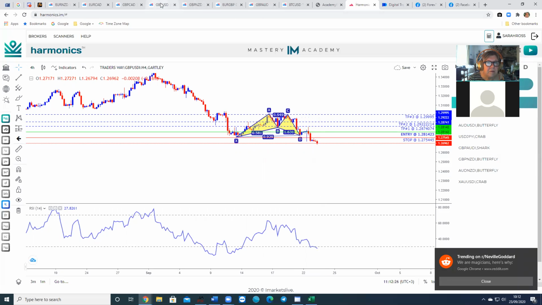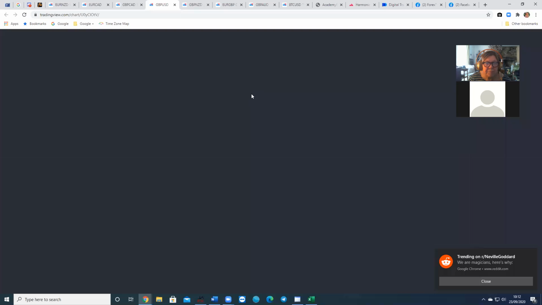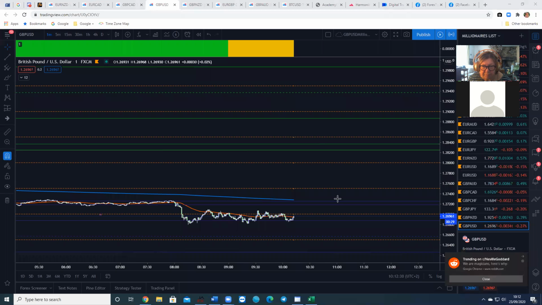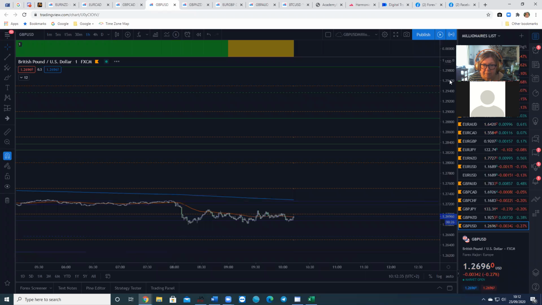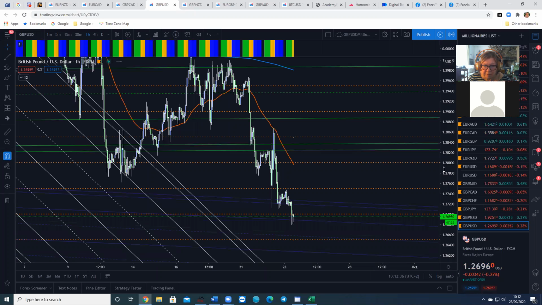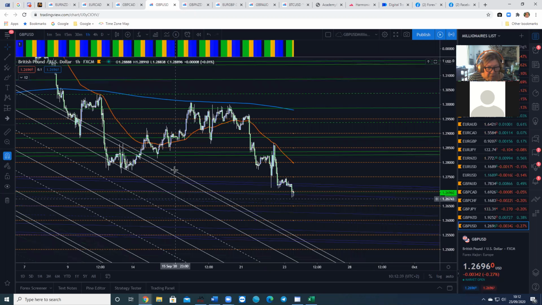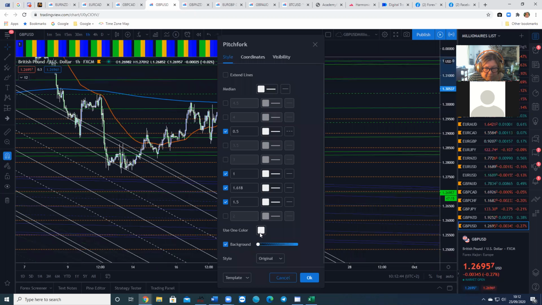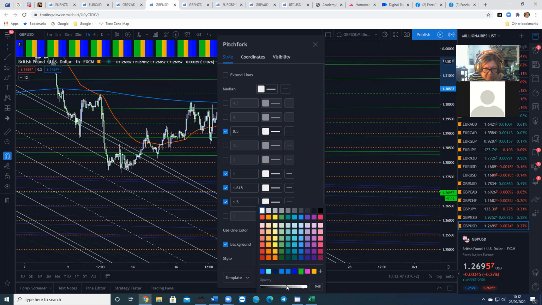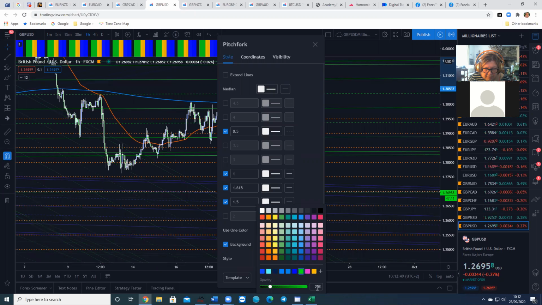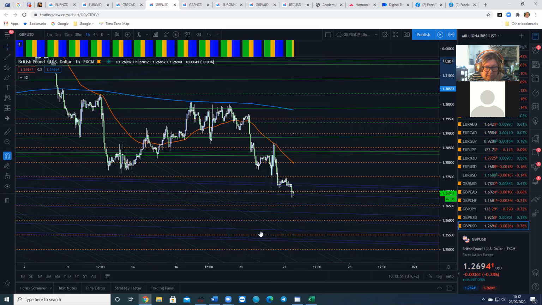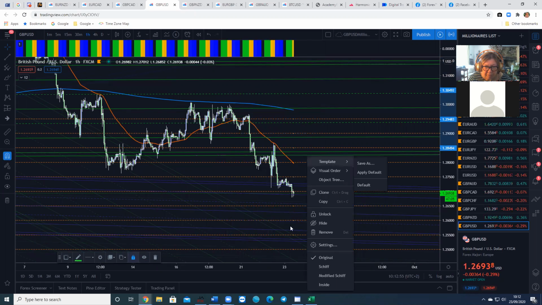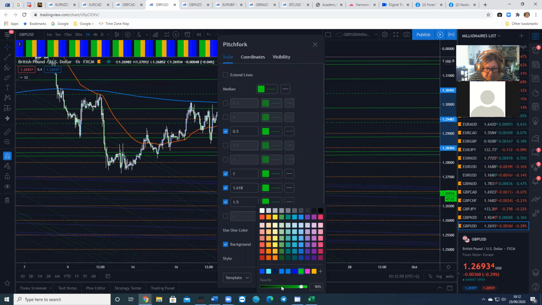Let's see whether it's in a different scan. I've got it moved into a purple one. Move that down a bit.